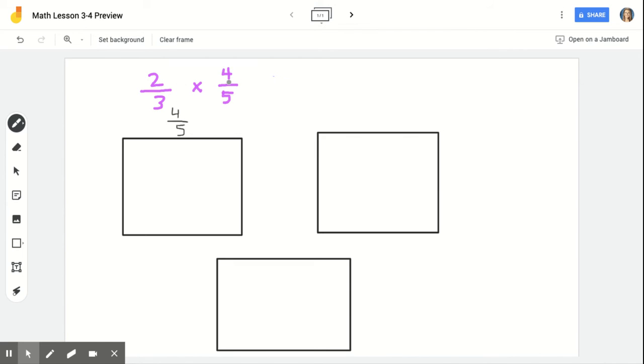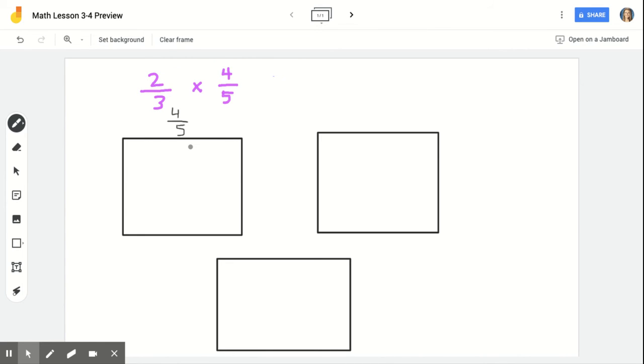Okay, so we're working with two fractions, and they're both less than one whole. This whole array is going to be worth one whole, and we're going to be shading and breaking them apart to represent 4/5 and then 2/3, and then see where they overlap. Okay, so go ahead and draw 4/5 at the top.